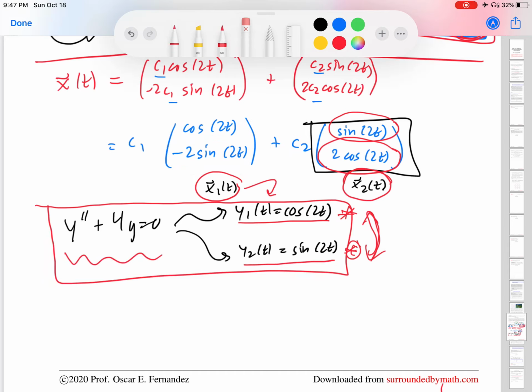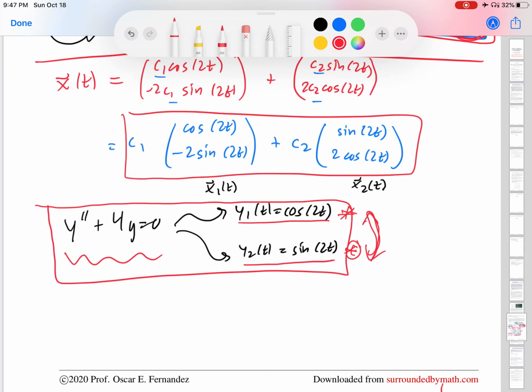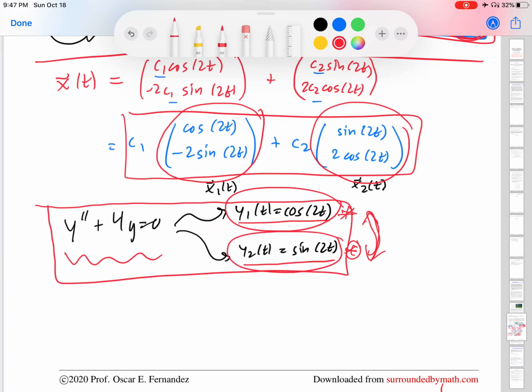And then at the vectorial level, at the system of n differential equations level, this is what the general solution looks like. And it happens to be a linear combination of the vector analog of the first fundamental solution and the vector analog of the second fundamental solution. So I just wanted to make that connection for you, that there is this deep translation of fundamental solutions into basis elements.